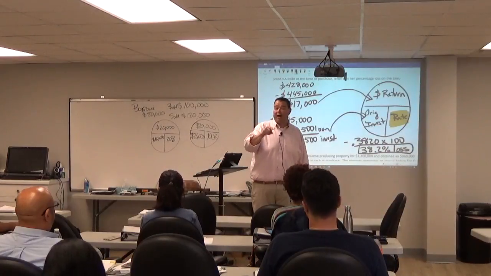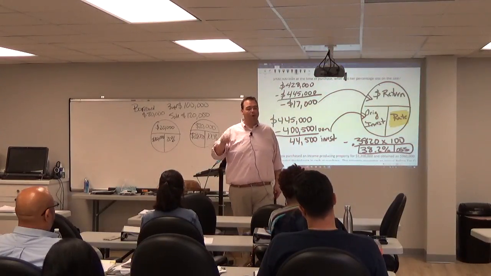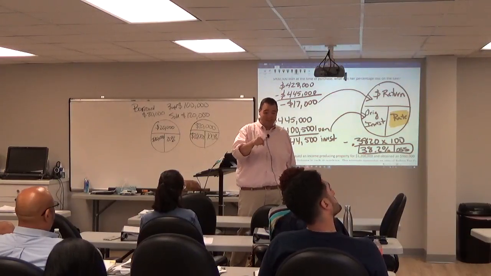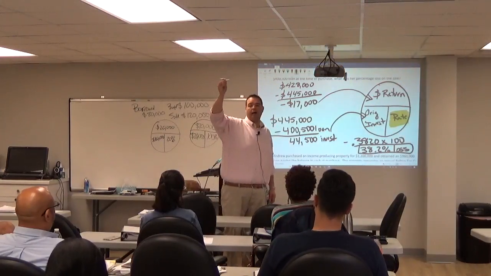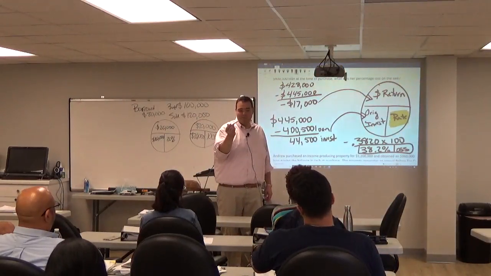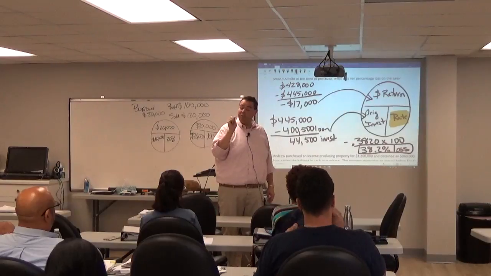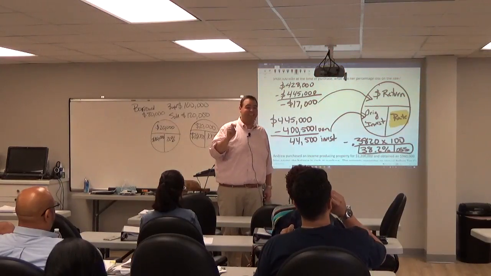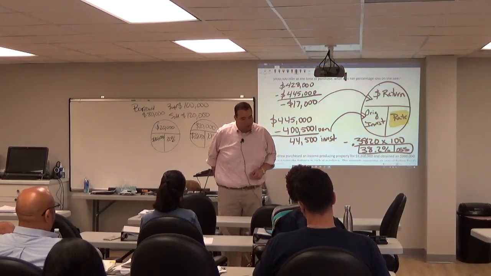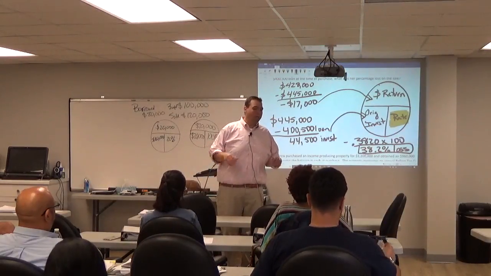On the bottom of that formula, it doesn't say purchase price. So here's the thing. You got to memorize the formula. You got to know on the top it says the return, and on the bottom it says investment. It doesn't say purchase price, it says investment. That means investment is how much I dig in my pocket and pull out, not how much I paid for it.